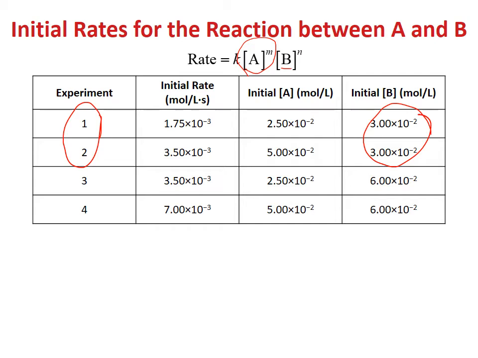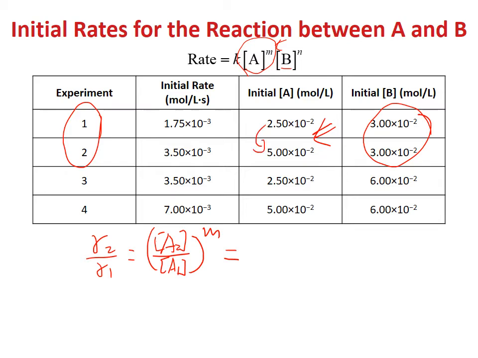So B doesn't contribute to the reaction rate change, and therefore the rate 2 over 1 is only A2 over A1, but to the mth power, because you have m. And since the concentration changed twice from 2.5 to 5, the ratio is 2. So 2 to the mth power, and that's the theory.